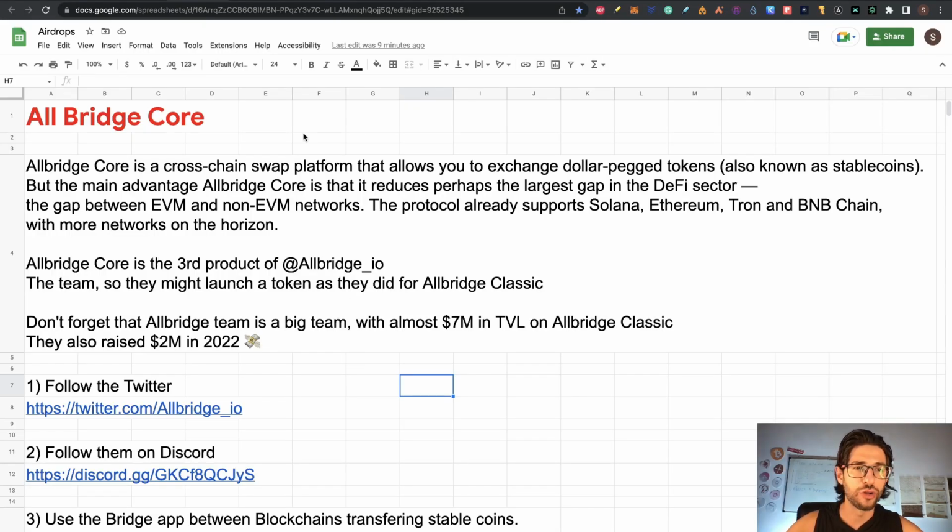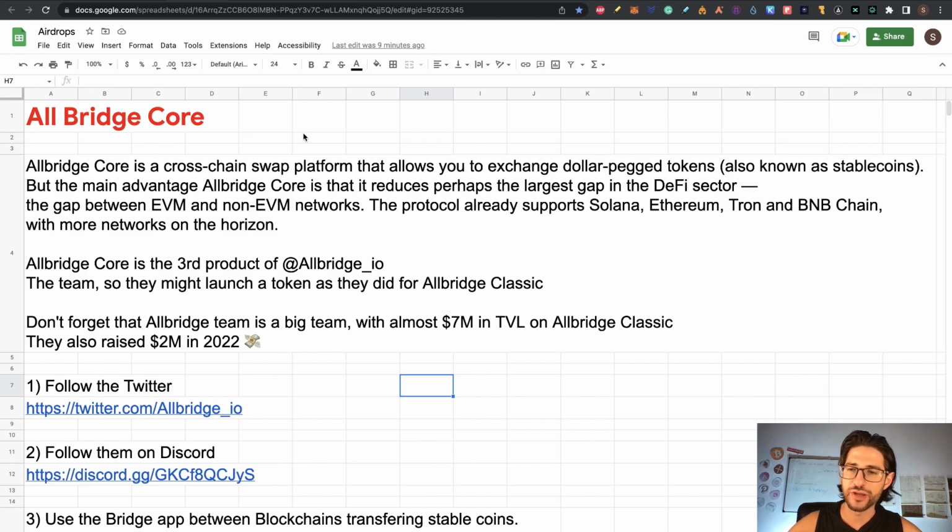Hey guys, Allbridge Core. Allbridge Core is a cross-chain swap platform that allows you to exchange dollar-pegged tokens, also known as stablecoins, but the main advantage is that it reduces perhaps the largest gap in the DeFi sector, the gap between EVM and non-EVM networks. The protocol already supports Solana, Ethereum, Tron and BNB chain, with more networks on the horizon.